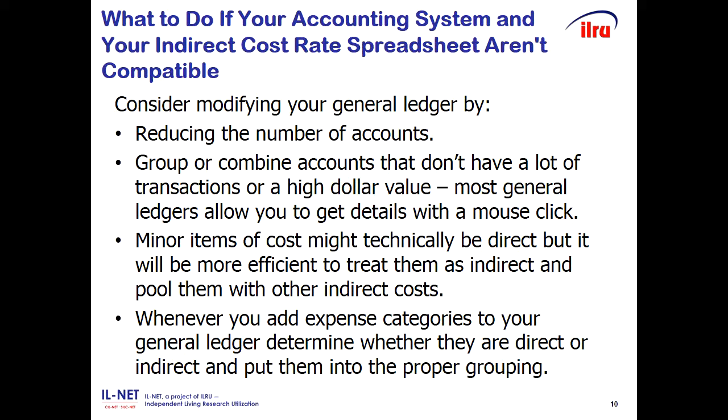I don't think most funders look for an excessive amount of detail. Group or combine accounts that don't have a lot of transactions or don't have a high dollar value. Most general ledgers allow you to go back and get those details. So when you combine 4 or 5 small accounts, it's not like that detail is lost.